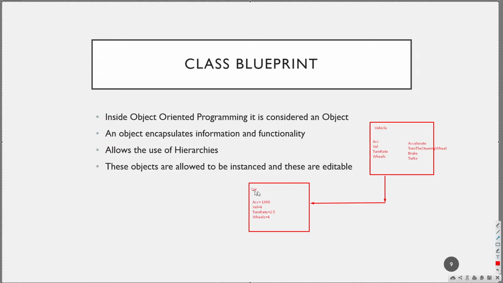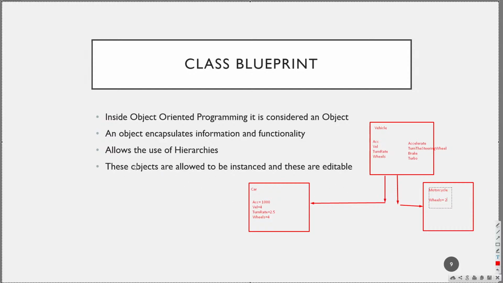But if we change our mind and we don't need a car, maybe we need a motorcycle, then it's easy to just reuse this object and create a class and just set up the name and then define only the stuff that will be different, right? Maybe I just want to change the wheels because I don't want an ATV, I want two wheels only, right? And I put it here too. And everything will be exactly the same as the vehicle, only the wheels have changed to 2.